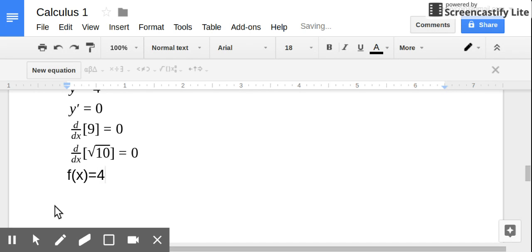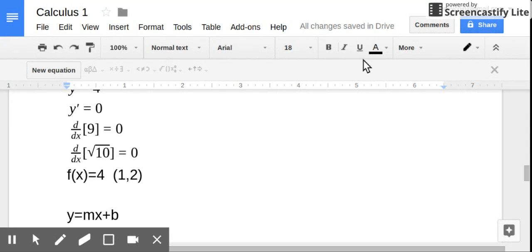If you had f of x is equal to 4, and it's asking you to find the tangent line, for example, y is equal to mx plus b, and of course we need a point, don't we? And we could just say the point is 1 comma 2, right? And it's asking you to find the tangent line that passes through that point 1, 2.